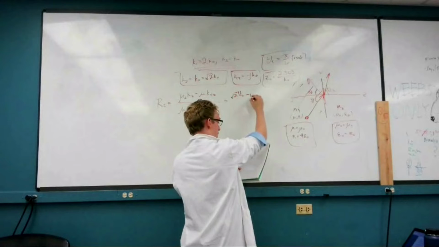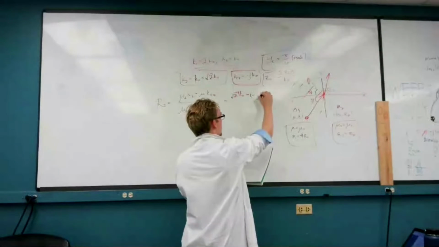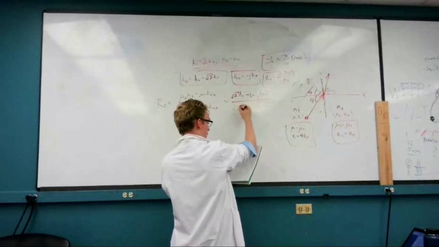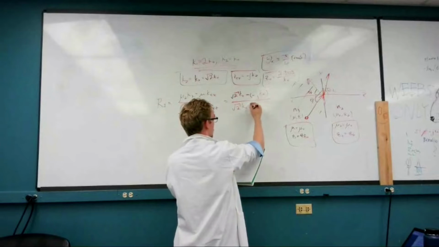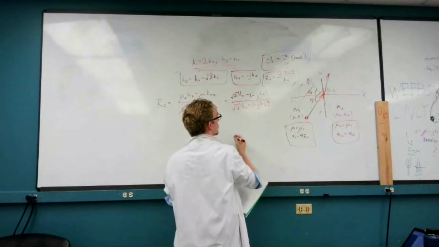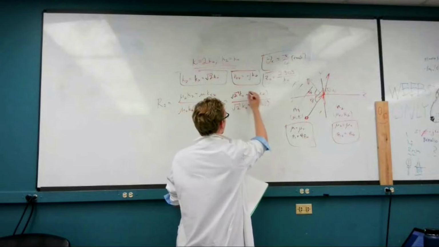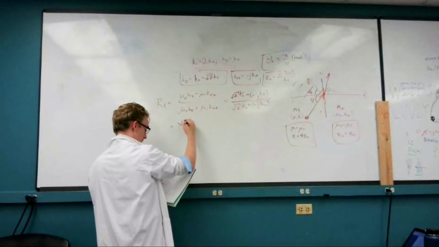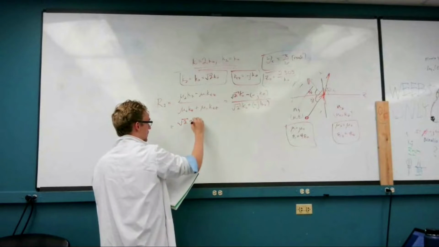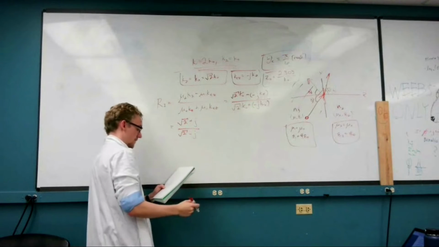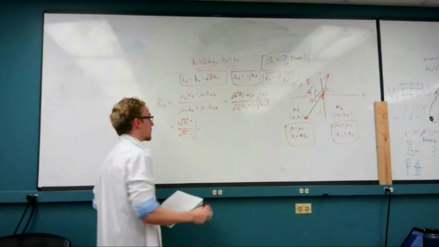Now all these k naughts will cancel off, and this simplifies to square root of 2 plus j divided by square root of 2 minus j. There we go. We got that complex number.